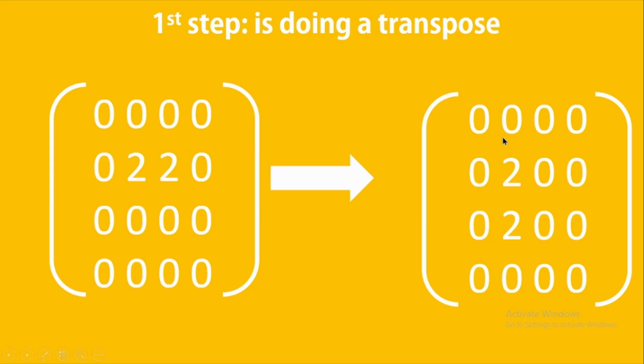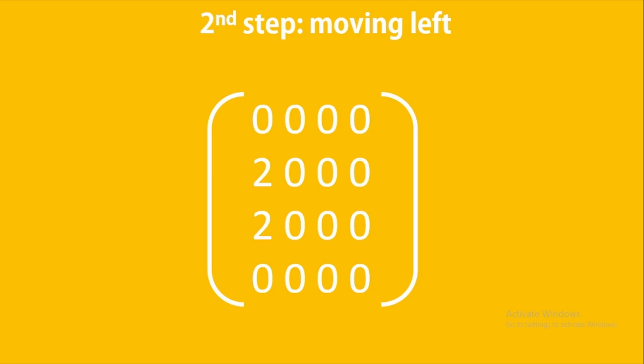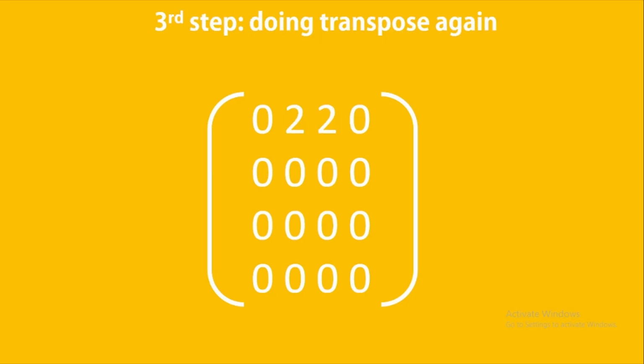So we transform from this to this, and then we move left. We have two, and the two became here, and then what we do again is we transpose again. So when we transpose, things become up, and here are our results for moving up.